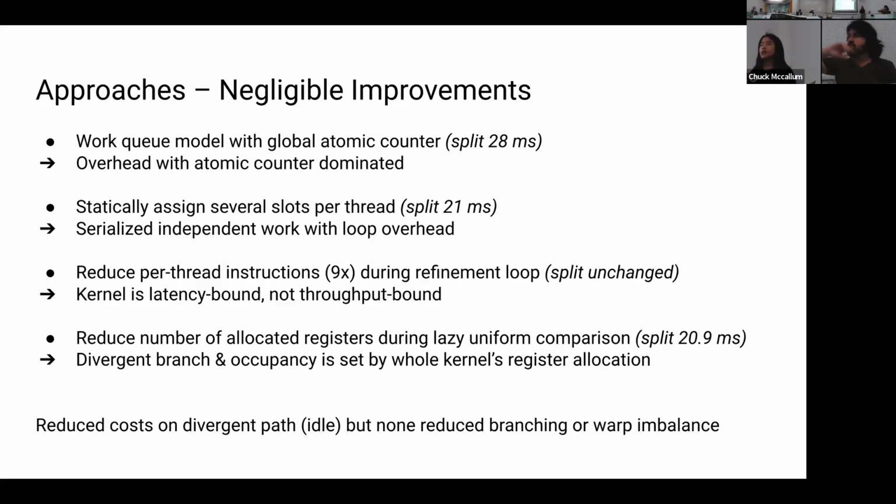So one of the approaches that I was thinking about to address this is using this work queue model. So you basically have this counter that is held in global memory that's able to allocate slots to different threads. So anytime a thread requests more work, it's able to get a chunk of slots to work on, and once it finishes those chunks of slots, it would go back to the counter and request more.